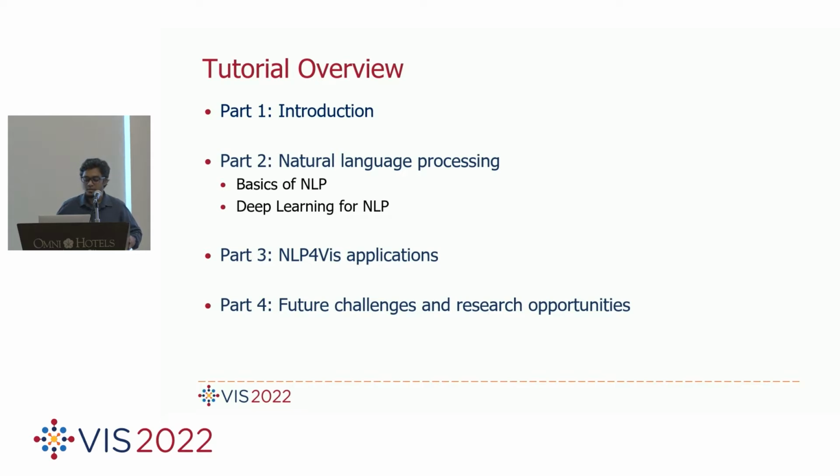And then after that, we are going to cover some state-of-the-art deep learning models, and that includes basic models like recurrent neural network, word2vec, as well as more advanced concepts like sequence-to-sequence models, attention mechanism, as well as the transformer-based models. We are going to talk about pre-training and fine-tuning of various language models such as BART and T5, which are quite popular now and widely used in various NLP applications.